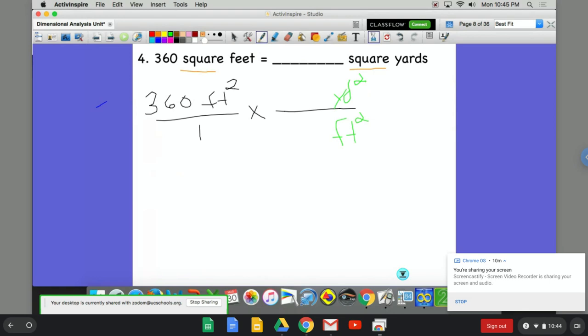Now, we know that there are 3 feet in 1 yard. But this is where we got to be careful, because it's not asking for 1 yard to 3 feet. It's asking for 1 square yard into 3 square feet. And so if our unit is squared, that means that our number also has to be squared.